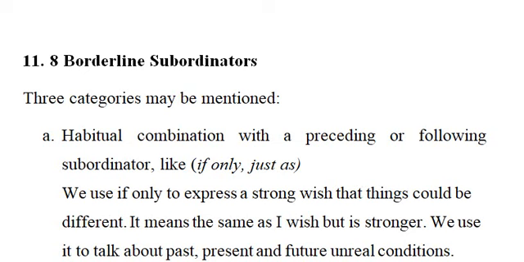Now, to refresh our memory, last time we talked about formal indicators of subordination. We talked about the structural subordinators, the 3 types of subordinators, and then we talked about the 5 situations or cases where these 3 types of subordinators show up.